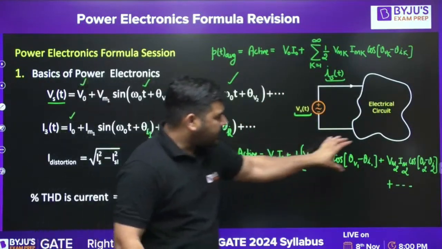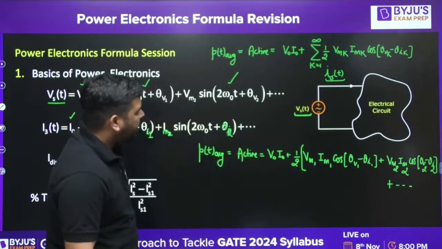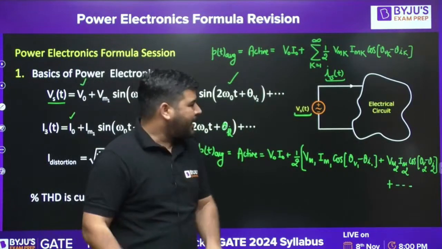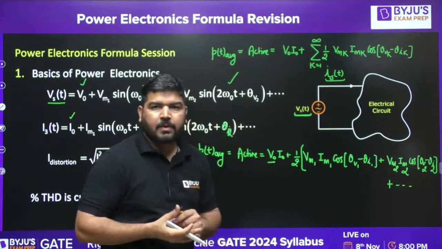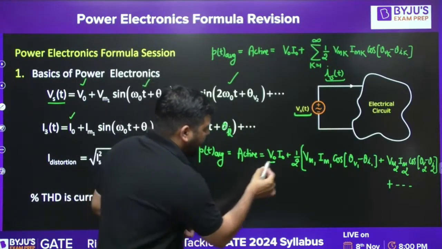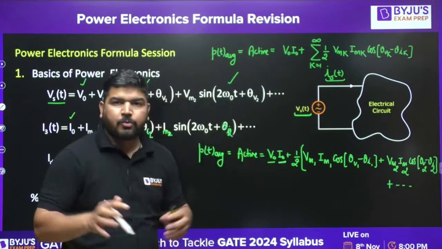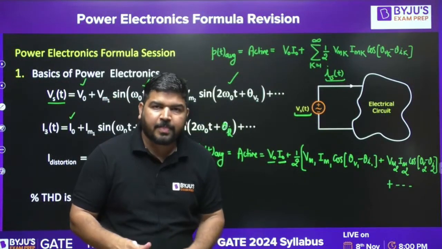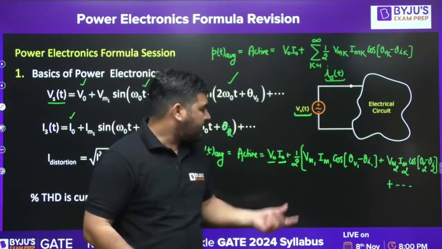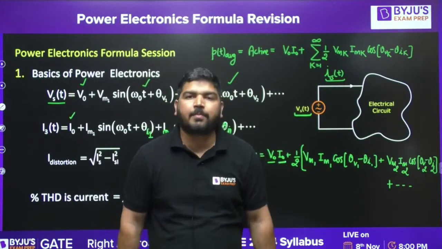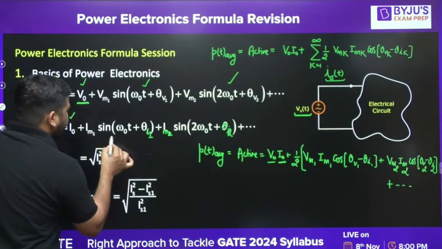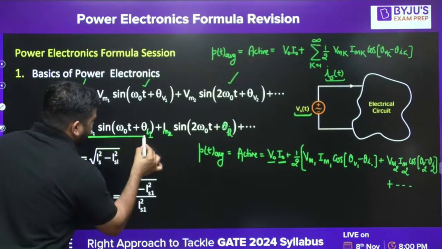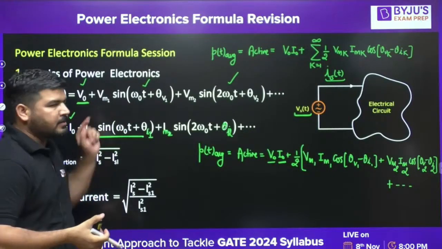Now what this Parseval relation is telling us is that you should remember that only the DC component of the voltage will combine with the DC component of the current to make the active power. It means in active power, same frequency terms will participate. If you multiply this component with this sine term, it will not participate in active power.